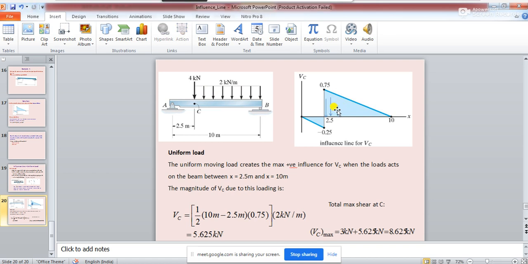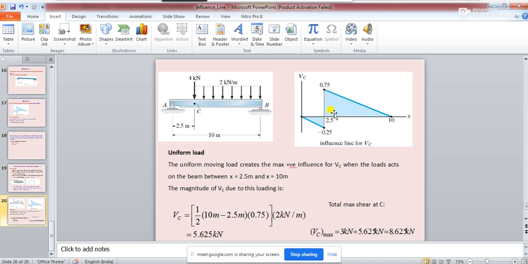Now what will be the area where you will be placing this load for positive shear? This load has a length of 7.5 meter, and from here to here the length is also 7.5 meter. So to get the maximum positive shear, you will have to place this load on this side. Once this load is placed in this diagram, you will get the maximum positive shear value.